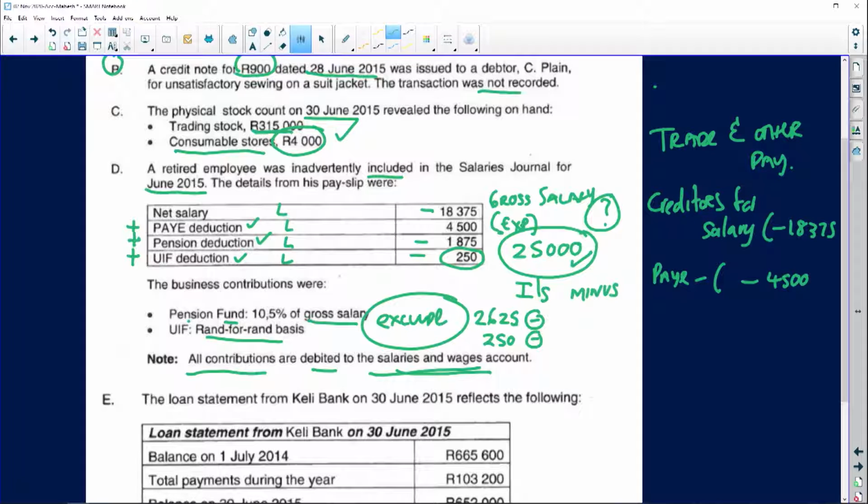And remember, even your additional contributions, you would also subtract from trade and other payables. So please remember that. Read the adjustment very, very carefully, because in this case, we had to subtract. But if, for example, someone was left out from the salary journal, then you would have to include them. So make sure you read very carefully.